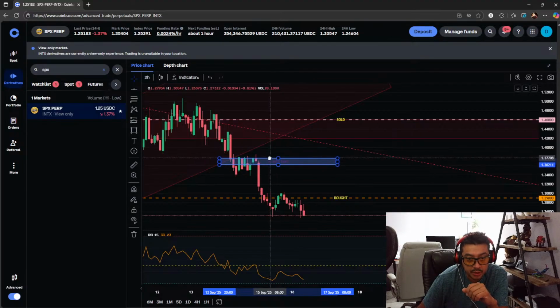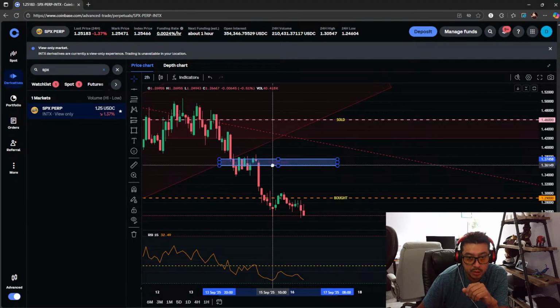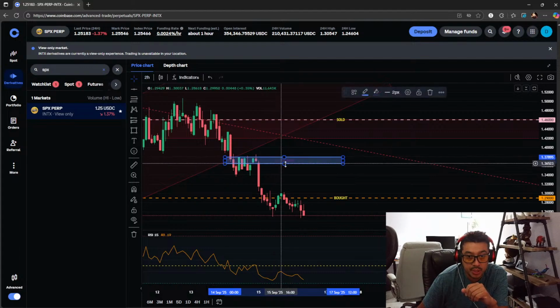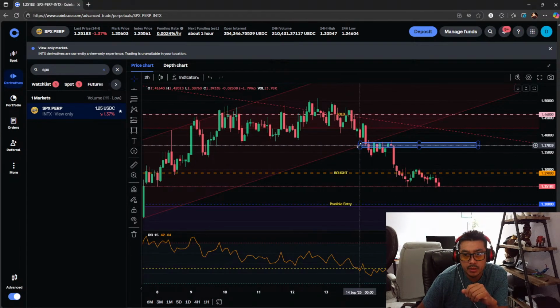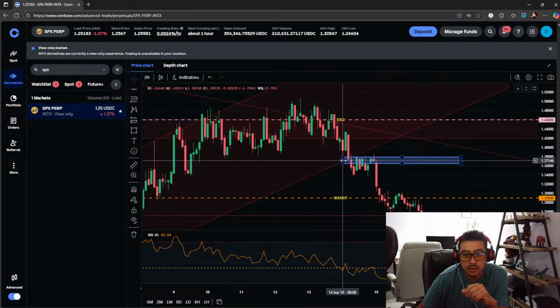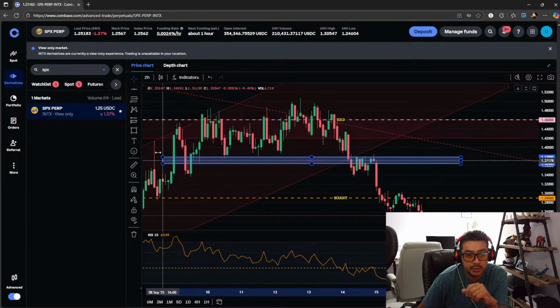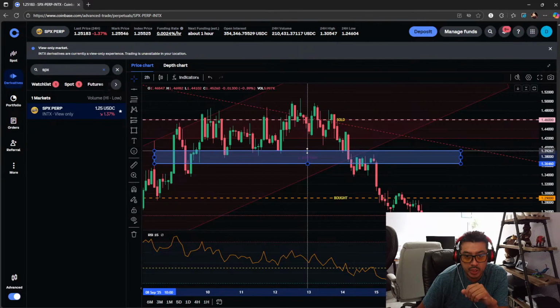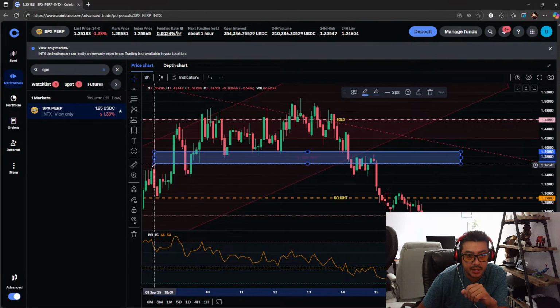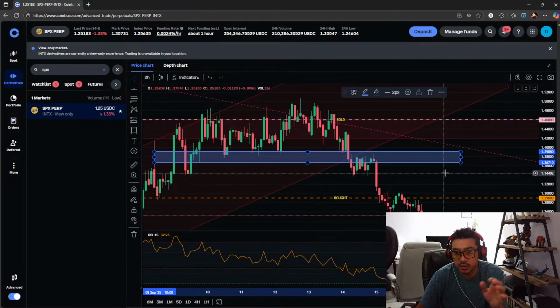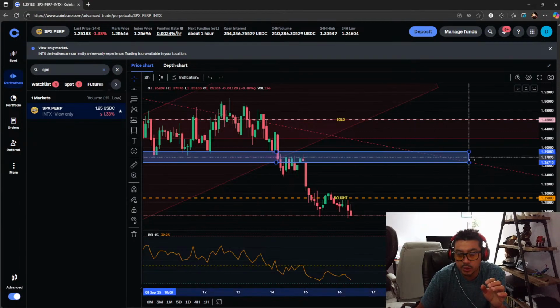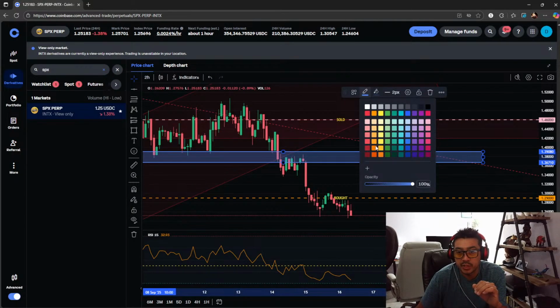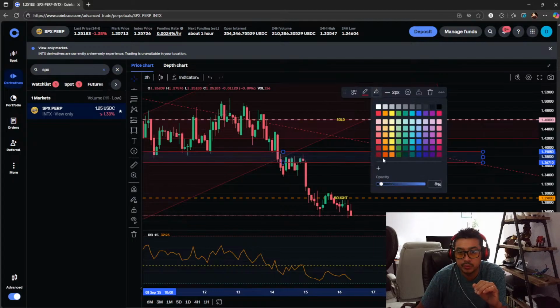So this tells me we got a nice little support and resistance right there. Let's extend this a little bit. Good. We got some nice resistance there slash support, depending on which way you're looking at it. So not only, let's make it red so we know where we can hit. Beautiful.